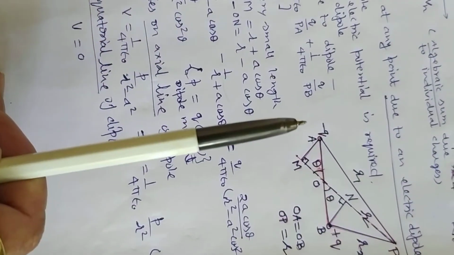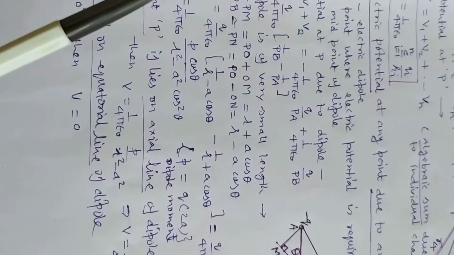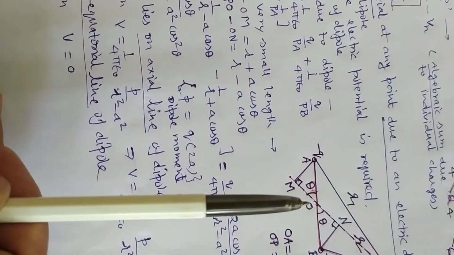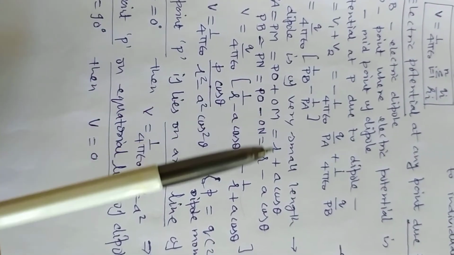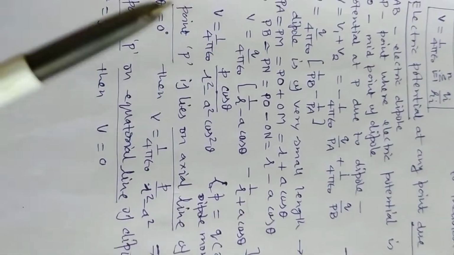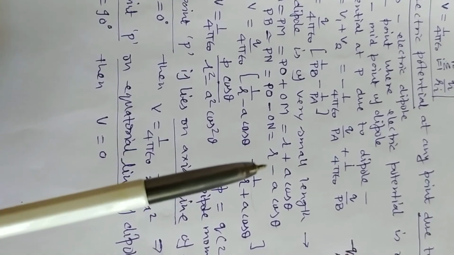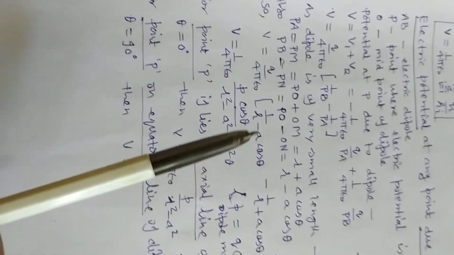So PA is almost equal to PM. From the geometry of the figure we can see very simply that PA is equal to PO plus OM. So we will have R plus A cos theta, and PB also we will have R minus A cos theta.